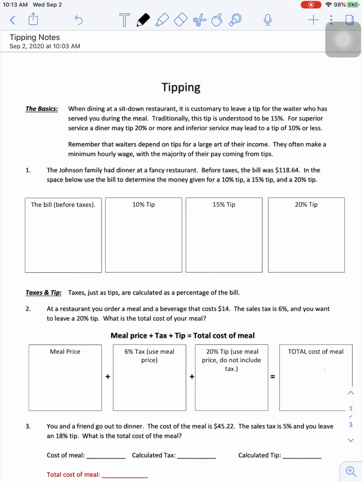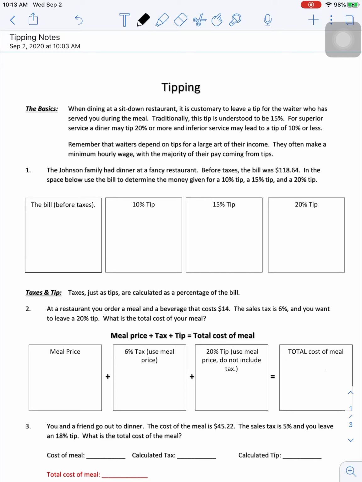It says the Johnson family had dinner at a fancy restaurant. Before taxes, the bill was $118.64. In the space below, use the bill to determine the money given for a 10% tip, 15% tip, and 20% tip.